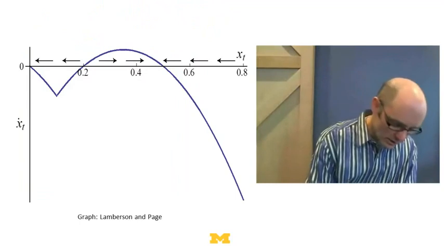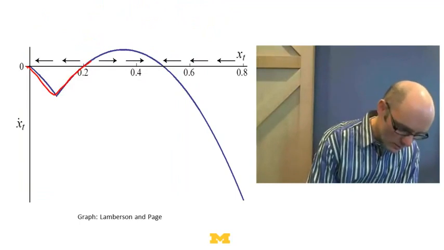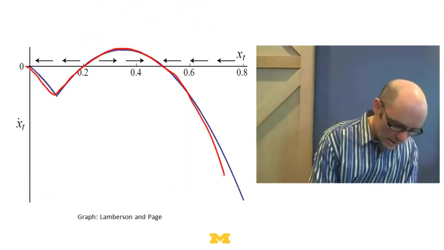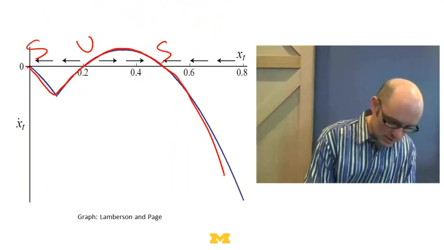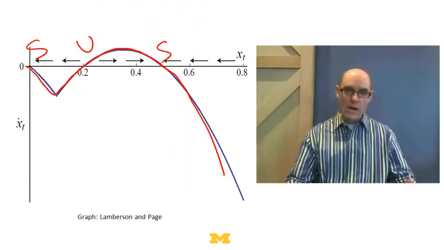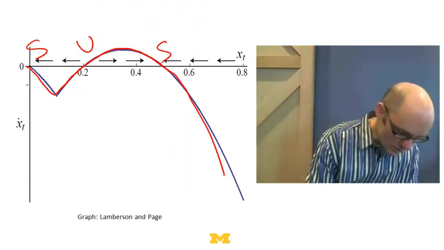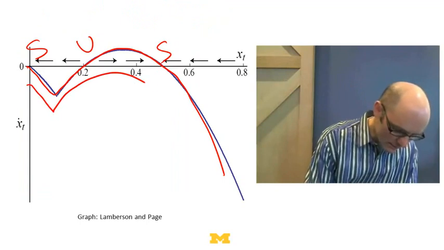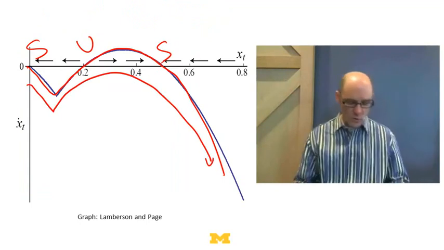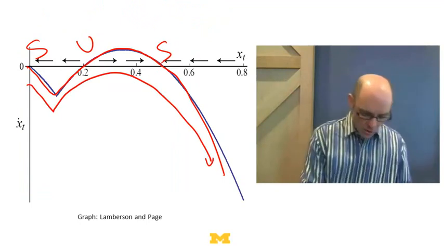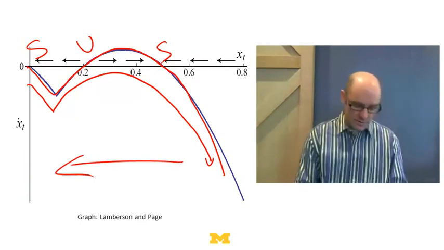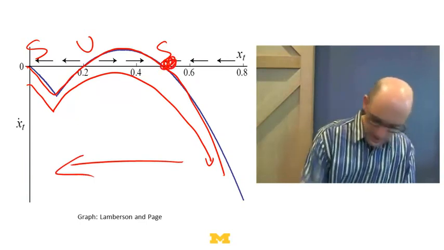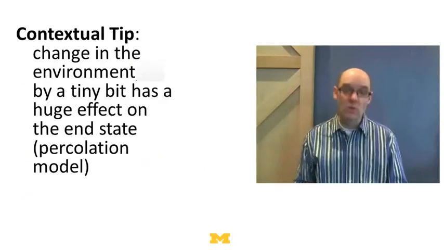So here's our function, right? And we've got this system where here's a stable equilibrium, here's an unstable equilibrium, here's a stable equilibrium. Well, what happens if the context changes and moves this line down a little bit? Well, if it moves this line down a little bit, then all the arrows point in this direction. So this equilibrium that was stable is no longer stable.